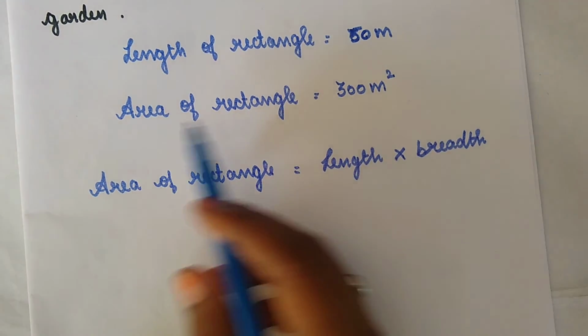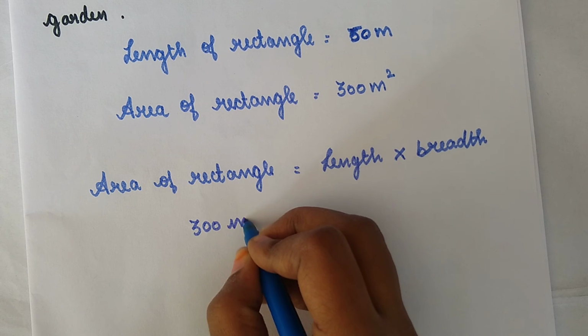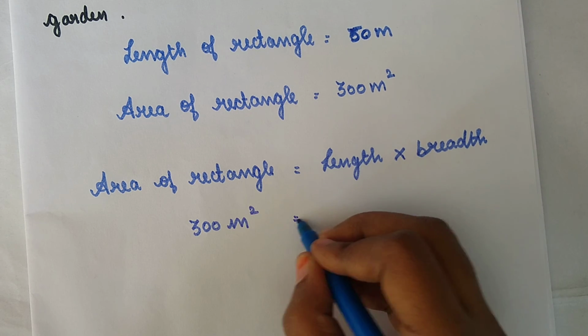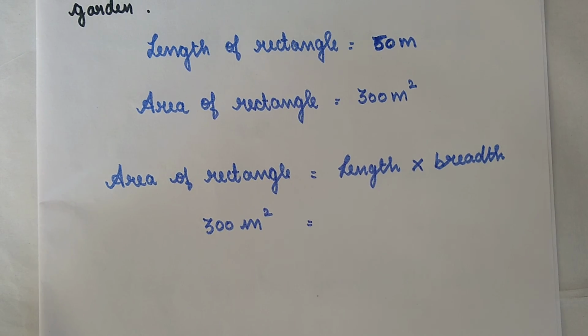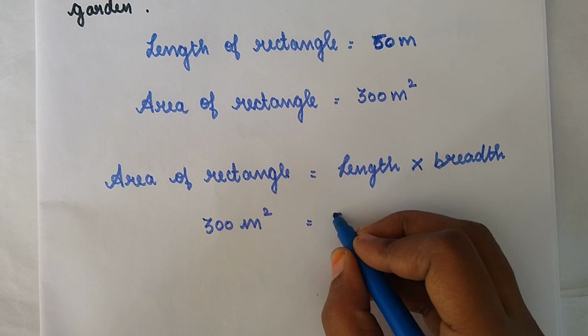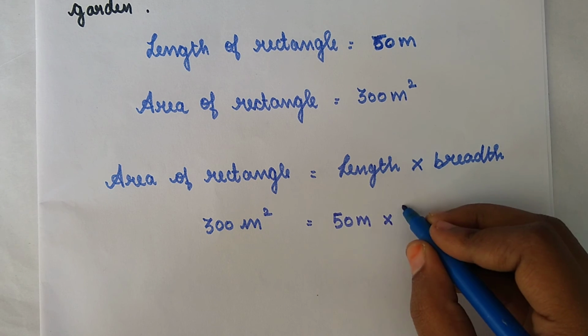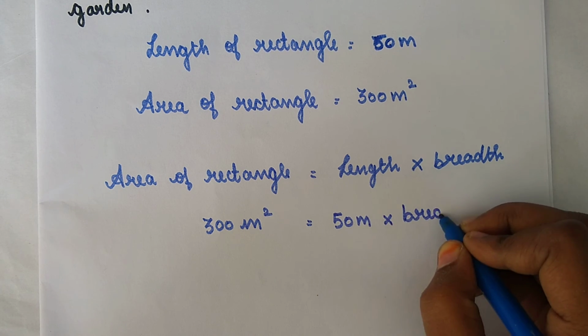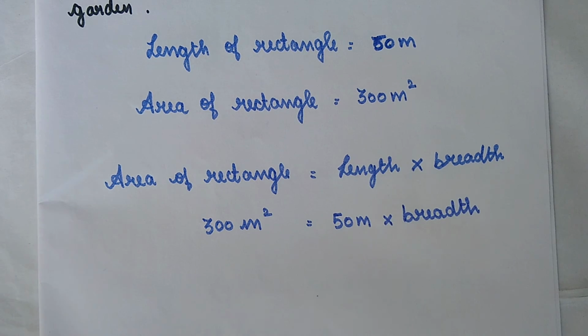Here area of rectangle is 300 meter square equals length 50 meter into breadth. We don't know the breadth of the rectangle, so we write breadth.